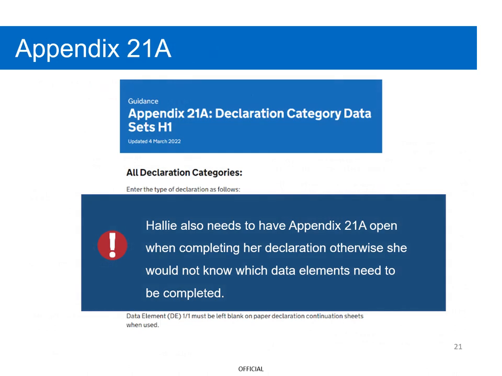Hallie also needs to have Appendix 21A open, which she used in Step 1 to identify her declaration category. She needs to have this open when completing her declaration to know which data elements need to be completed.